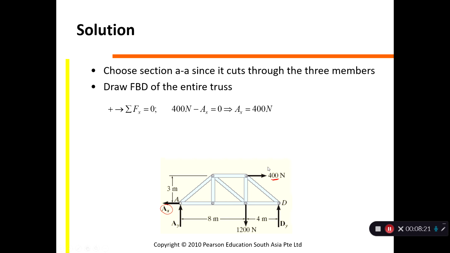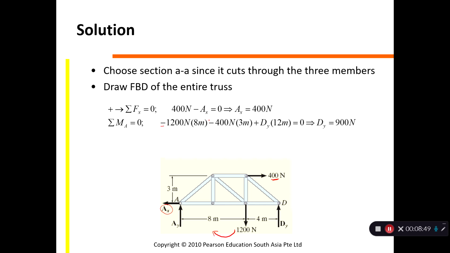So first, AX equals 400. That is straightforward. And then for AY and DY, of course, you can't use the sum of forces in the Y direction because there are two unknowns. So we use moment. Here, choose to do moment about point A, so you have to deal with these three forces. 1200 rotating about point A will be clockwise, so negative.